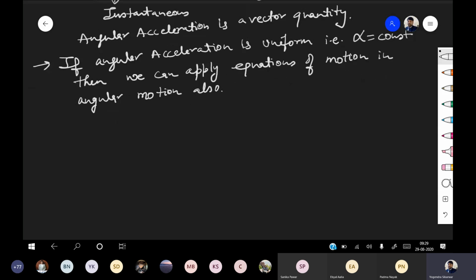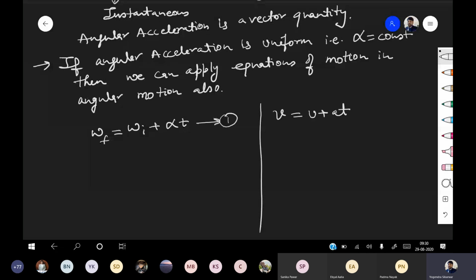And what we can write, pay attention everyone: omega final is equal to omega initial plus alpha t. It is exactly the same way how we did earlier. This is v is equal to u plus at. I am just writing so that you can relate to it.